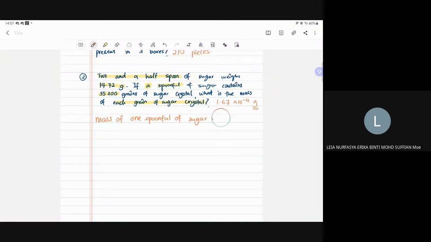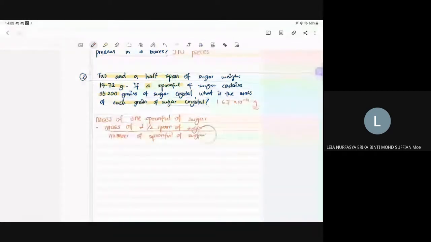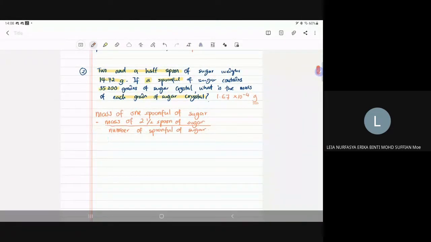So mass of 2.5 spoons of sugar, and you divide it by number of spoonfuls of sugar.